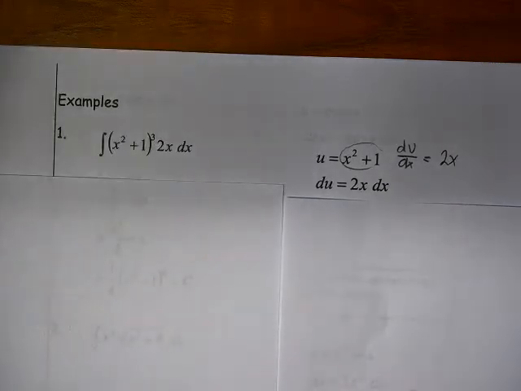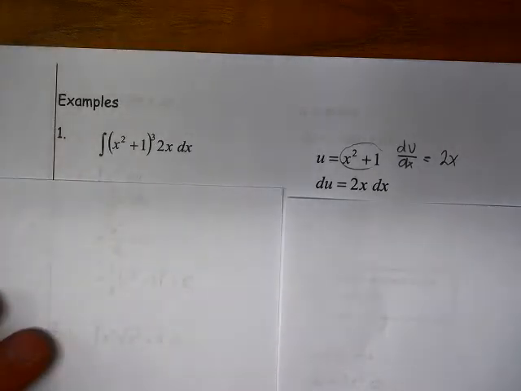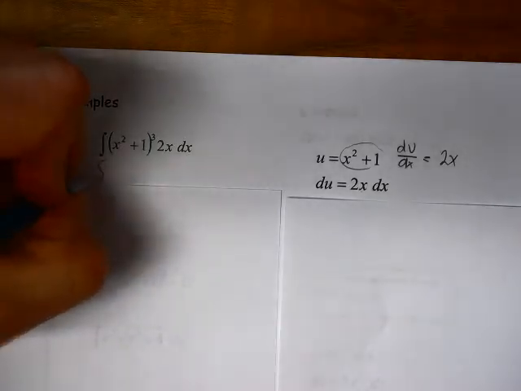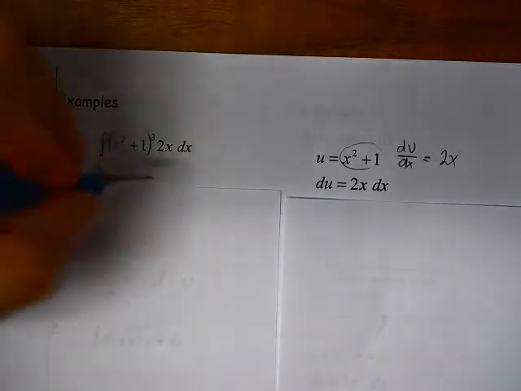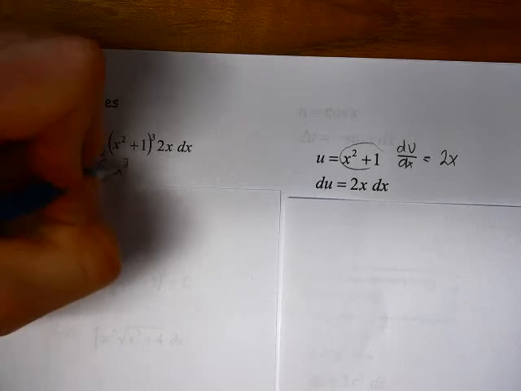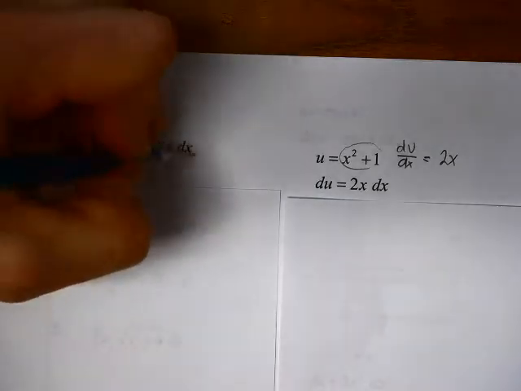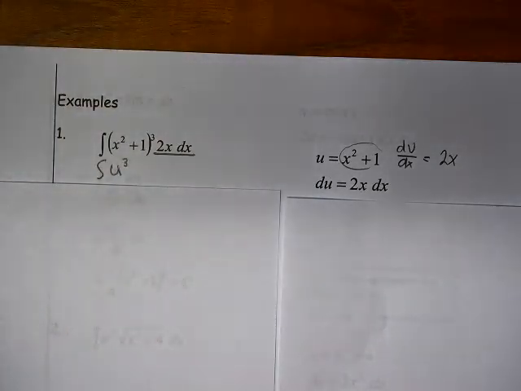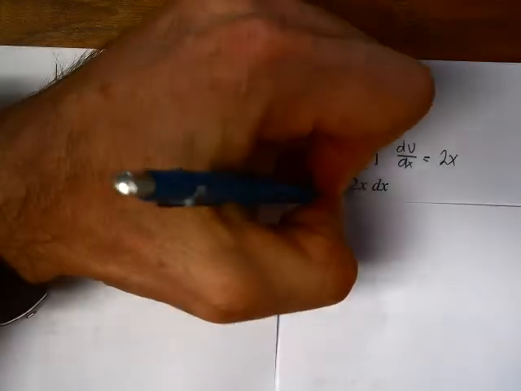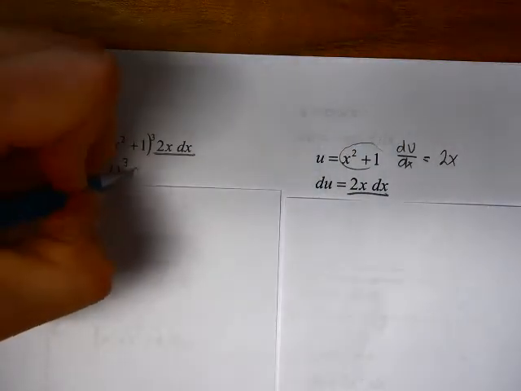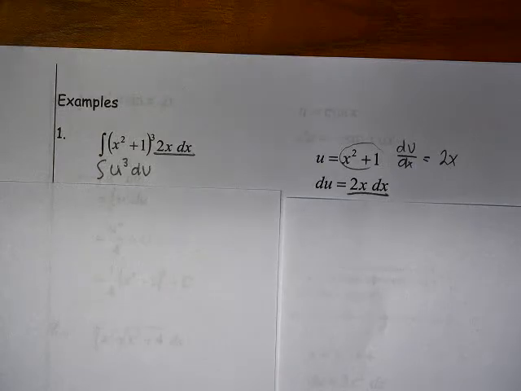And you can see that now I can write my integral as this part in here is u, so it's u cubed, and then everything that's left over is this 2x dx, so I can replace that with du.